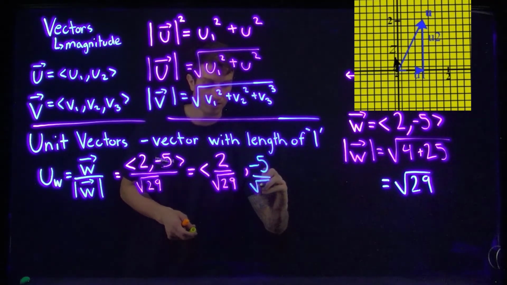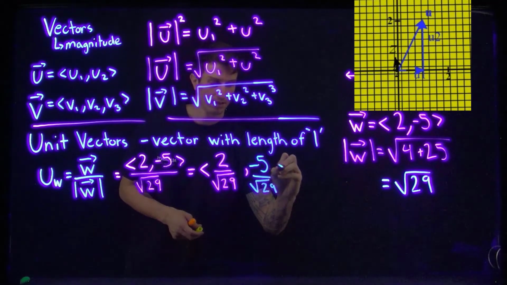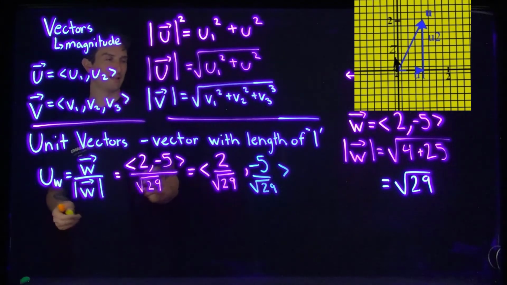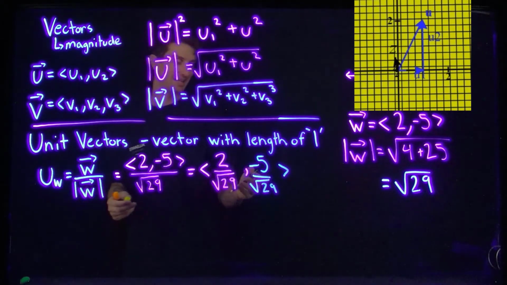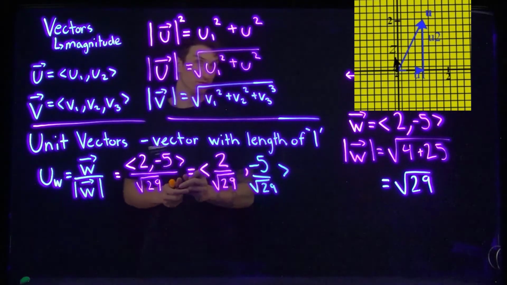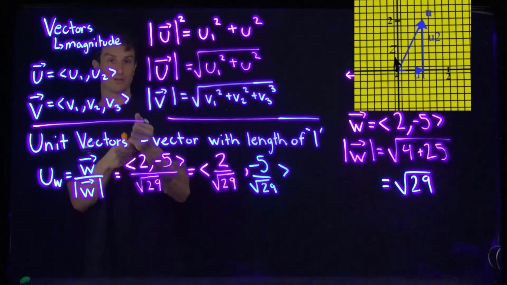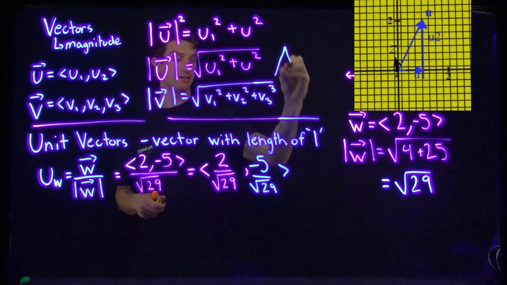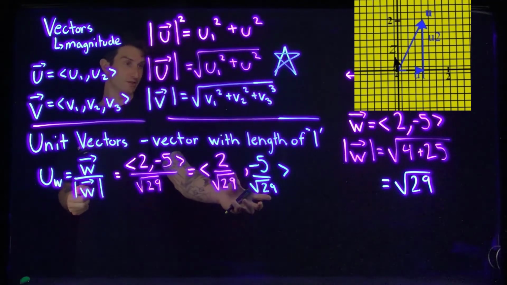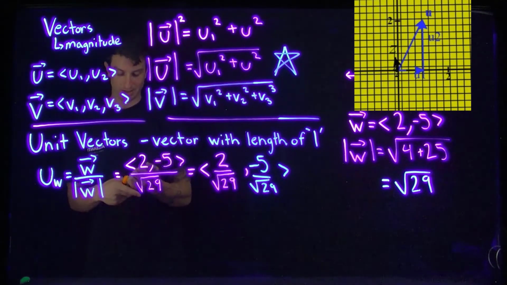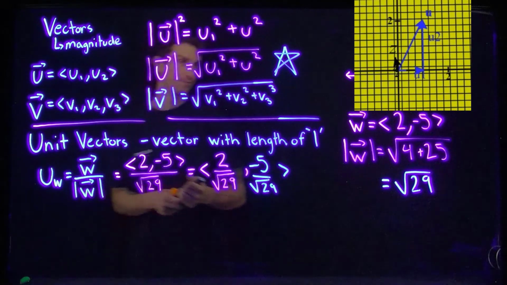over root 29, right? And maybe some of you are like, I don't believe you. That's not going to work. Why would that have a length of 1? Well, good thing for us, we know how to calculate the length of a vector. So let's take this vector and calculate the length of it and see what happens.